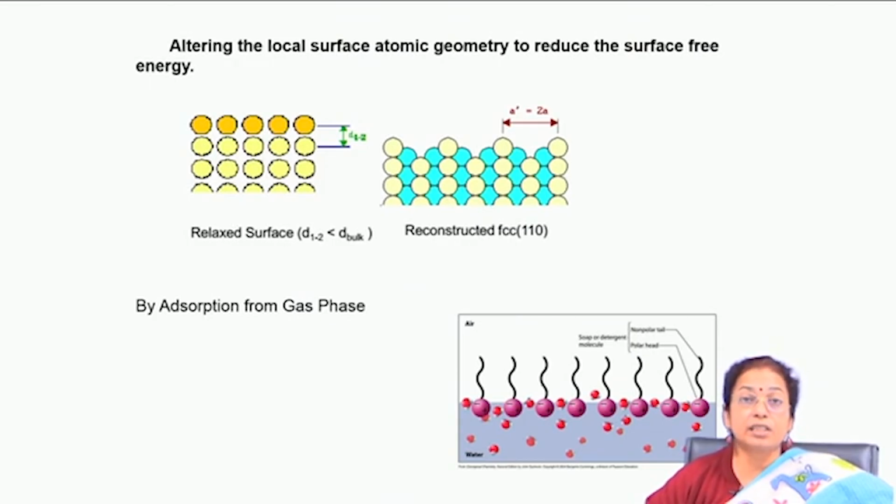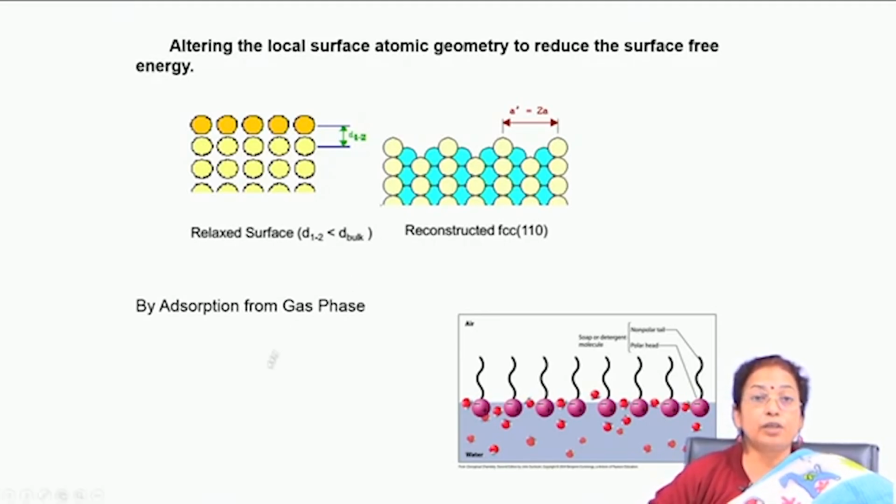Reconstruction is a phenomenon where you will find that there are missing atoms from the surface, and the lattice parameter on the surface is usually higher than the lattice parameter of the same material in the bulk. So, reconstruction and relaxation are the two important phenomena which are observed on the surface when you see it under ultra high vacuum.